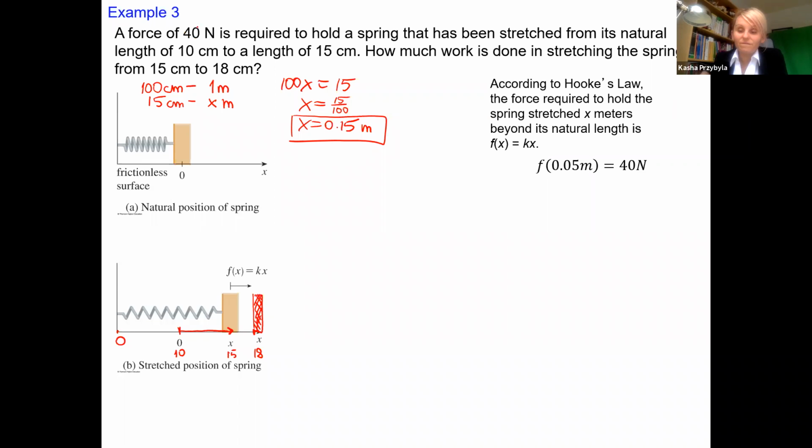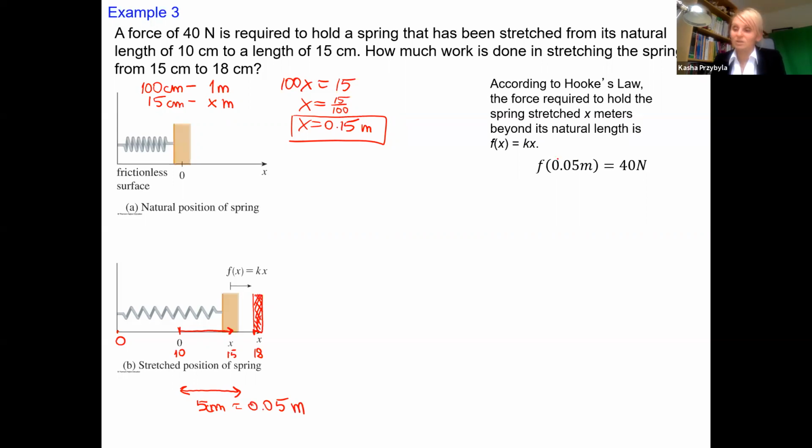Now what we know is that the force, 40 newtons, is required to stretch from 10 to 15. That means the distance is just 5 centimeters, which is 0.05 meters.